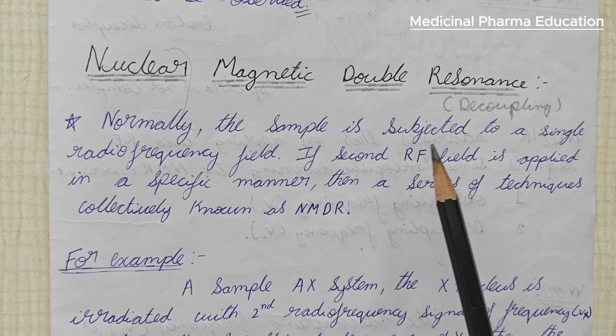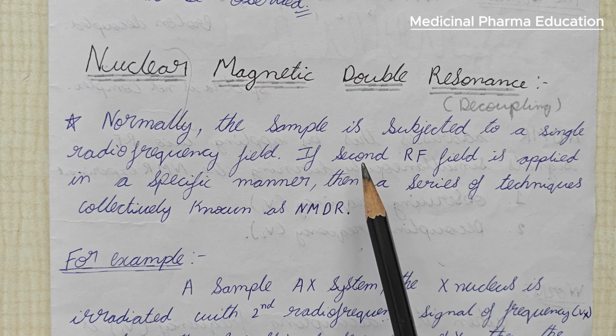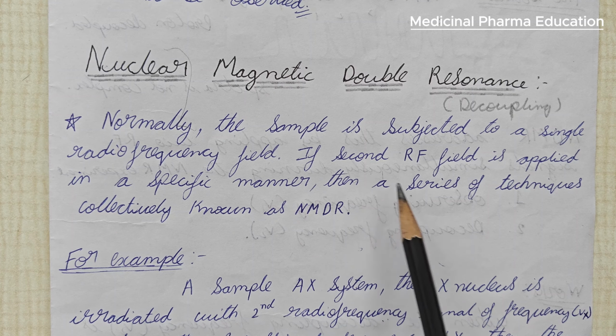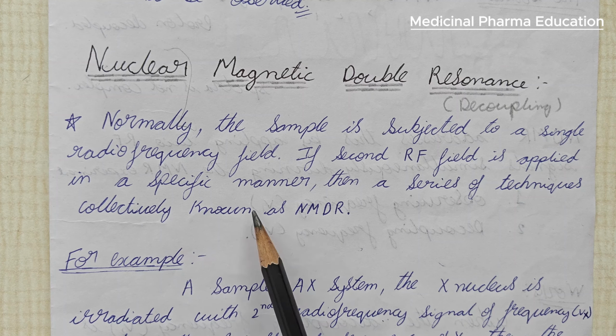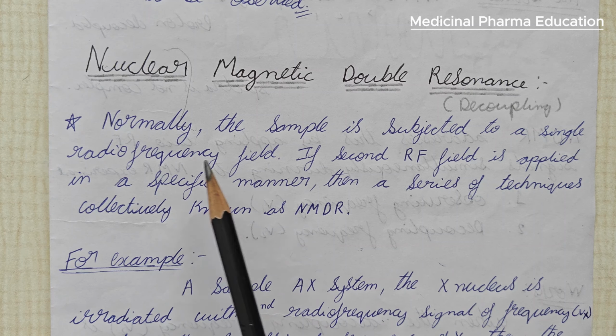Normally the sample is subjected to a single radio frequency field. If a second radio frequency is applied in a specific manner, then a series of techniques collectively known as nuclear magnetic double resonance arises. See, normally we use only one single radio frequency field.